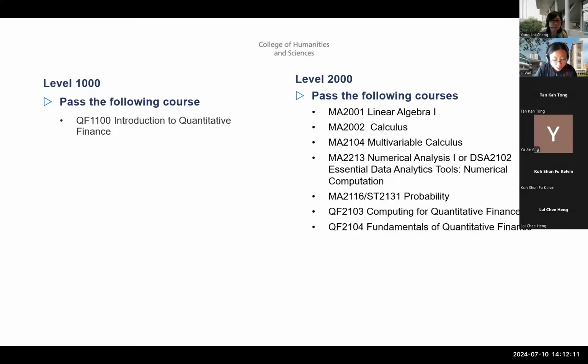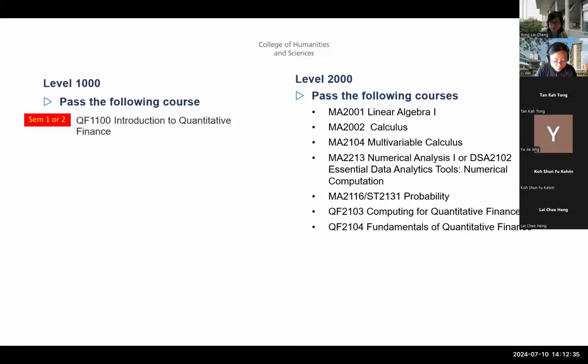Now at level 1,000, we have the QF gateway course QF1100, called Introduction to Quantitative Finance. As the name suggests, the course serves as an introductory course to the QF major, second major, and minor. All three programs have the QF1100 gateway course as a starting point.